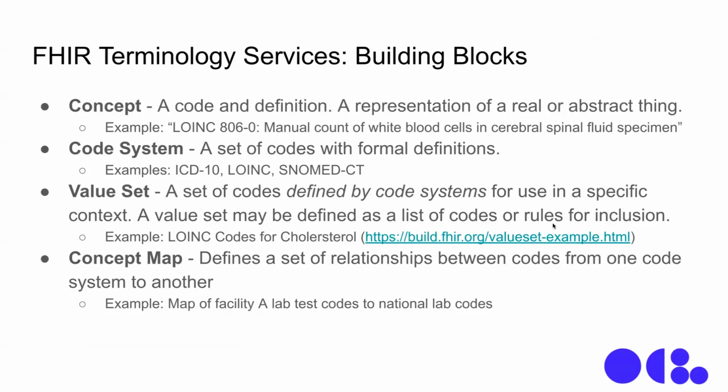Any clinical concept that you could think of is probably defined out there. So this is something like LOINC 8060, it's manual count of white blood cells in cerebral spinal fluid specimen. So that's your atomic lowest level idea here. And so a code system then is you're bringing a set of these together that have been formally defined.